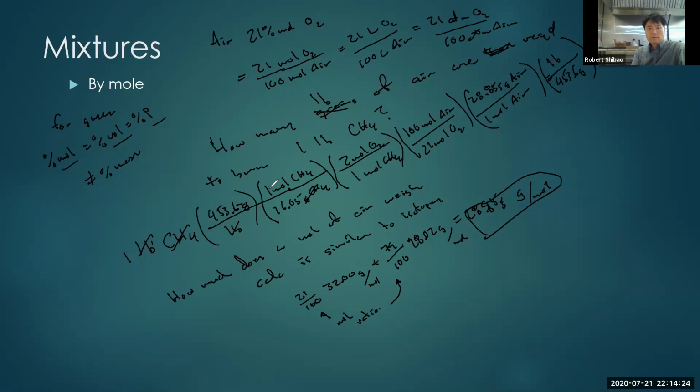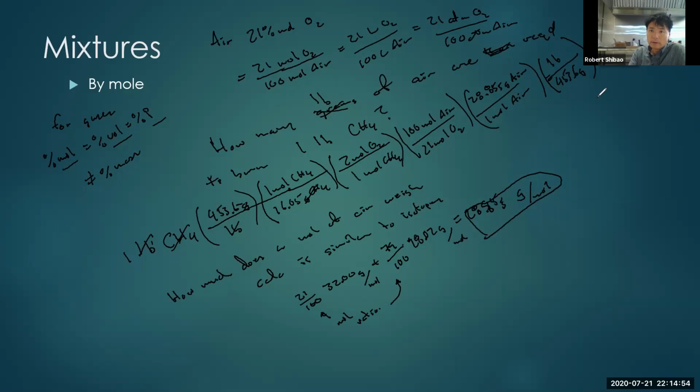All right, let's do the calculation. The 453.6 cancels out. So I'm going to get 2 times 100 times 28.855, divided by 16.05 times 21.